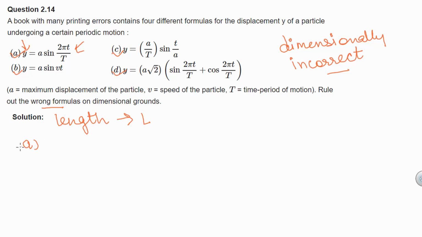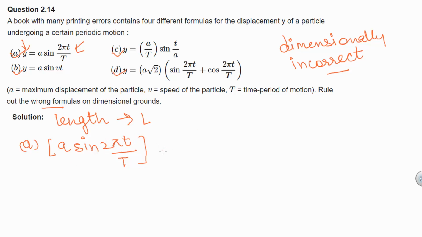So here we have a sin(2πt/T). Now here according to question, a, which is maximum displacement, would have dimension of length, 2π is dimensionless, and this t and T would have dimensions of time.